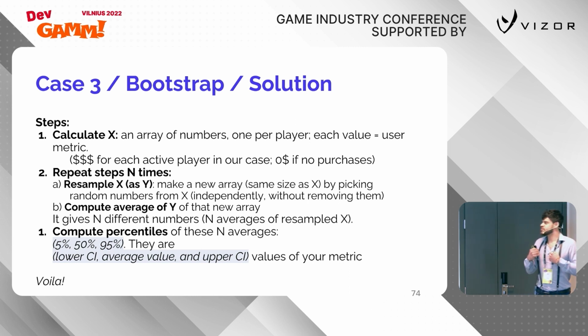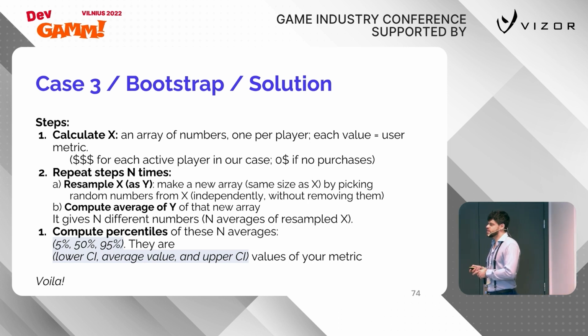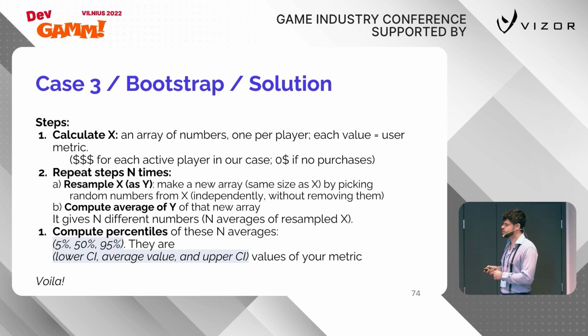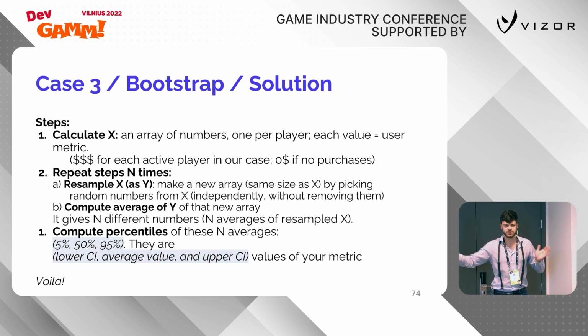The first step of this Bootstrap algorithm is we calculate X, which is an array of player-wise metrics, right? And the second step is that we resample X and compute the resampled average. And we repeat this many times. And after that, we have a bunch of different averages.